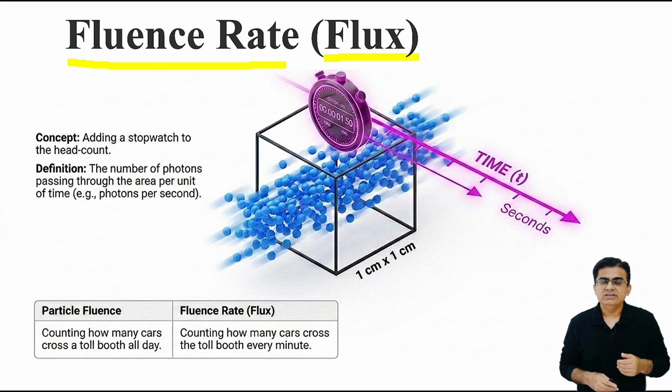What does fluence rate mean? Imagine we take that exact same 1 by 1 centimeter square in the air, this one, but this time we add a stopwatch to count. Fluence rate is strictly defined as the number of photons passing through this given area per unit of time.